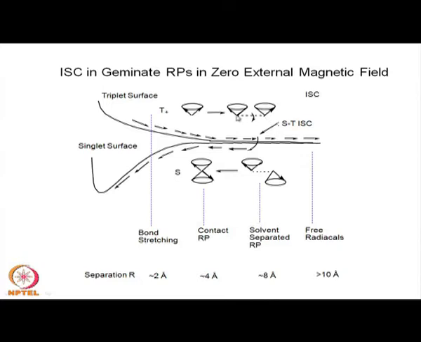Triplet correlation means their overall spin is still triplet, although there may be a linear combination of the pure singlet and pure triplet, but the overall is the triplet multiplicity. And here at some separation point, maybe here where these two are energetically almost the same, there is a transition.